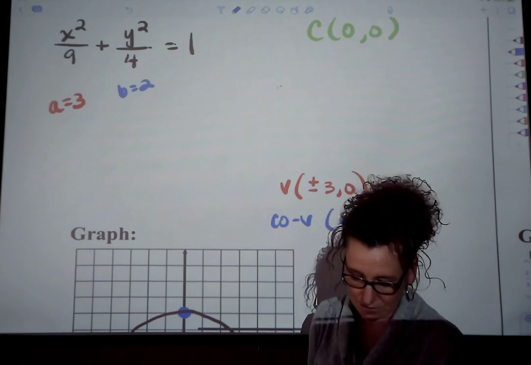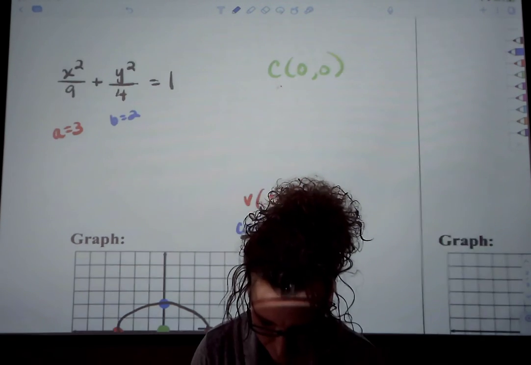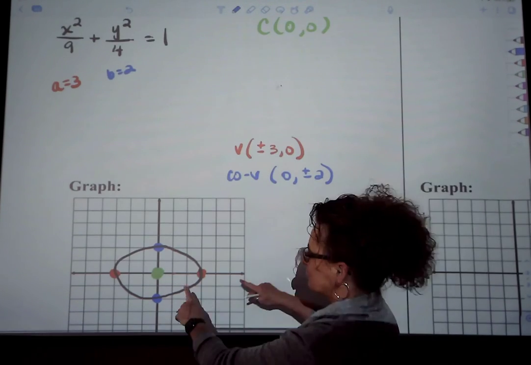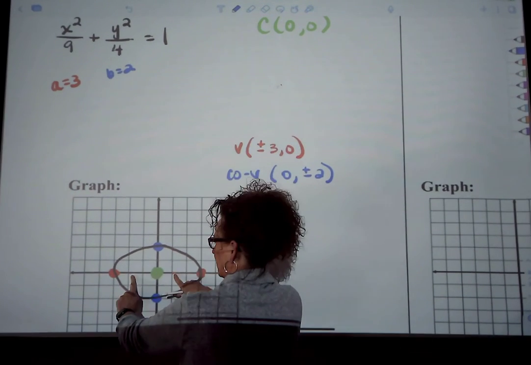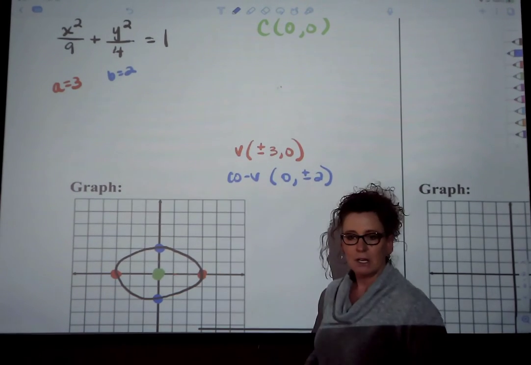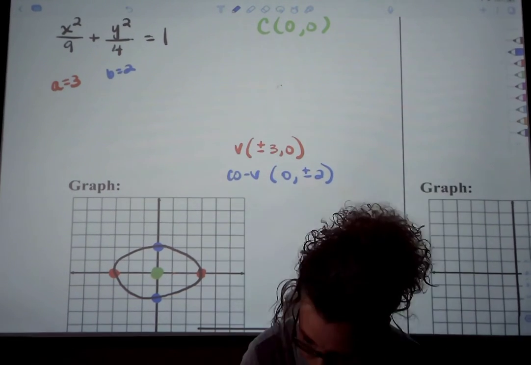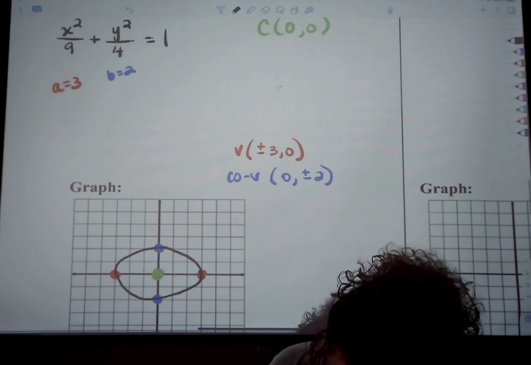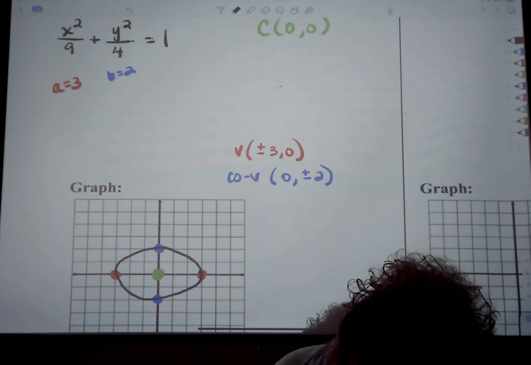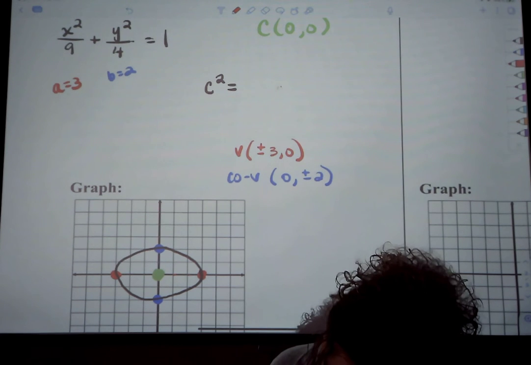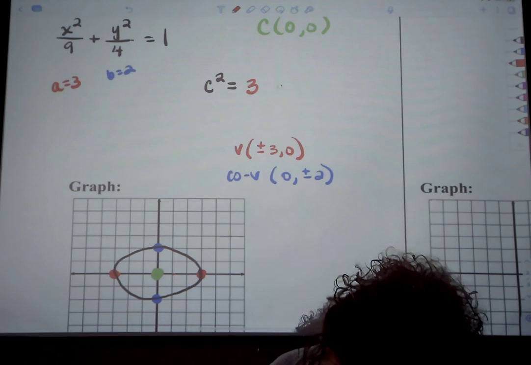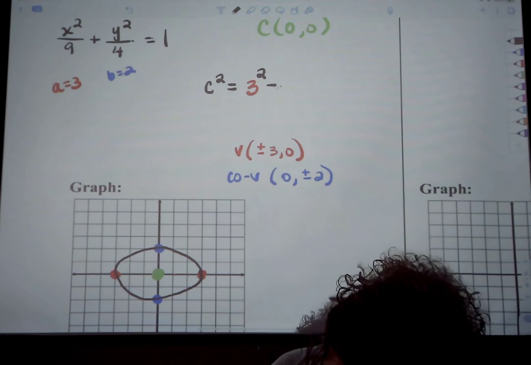Oh, it asks for one more thing. Give me the points for the foci. Well, we know they have to be along here somewhere, right? Along the major axis. The foci have to be along here. Let's figure out where they are. So I'm going to go c squared equals a squared minus b squared.